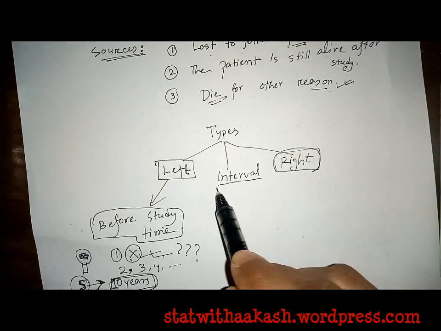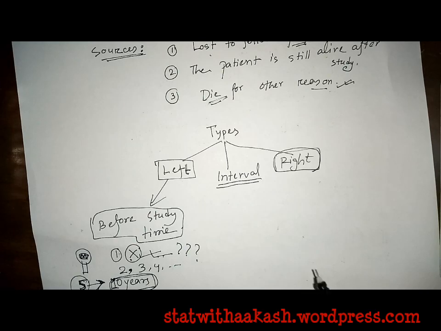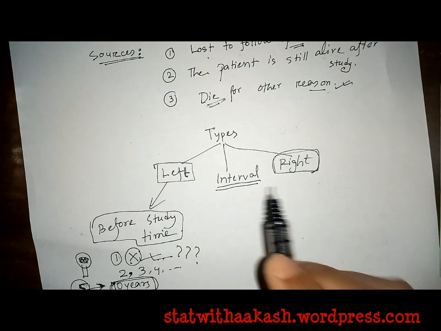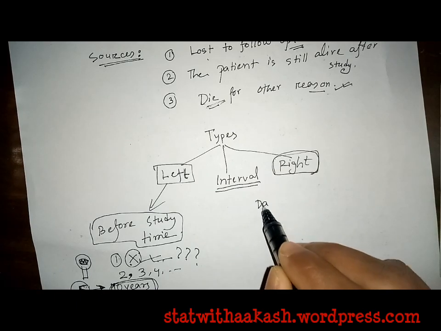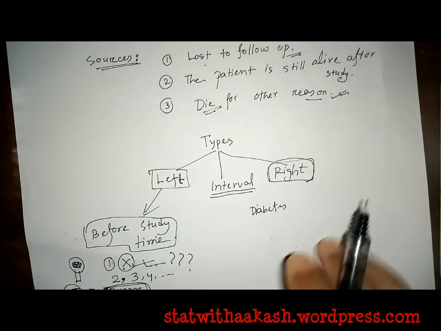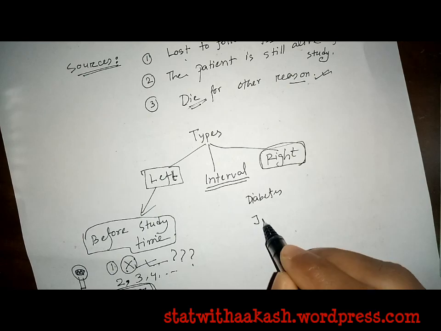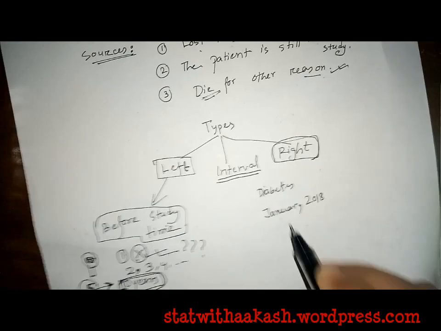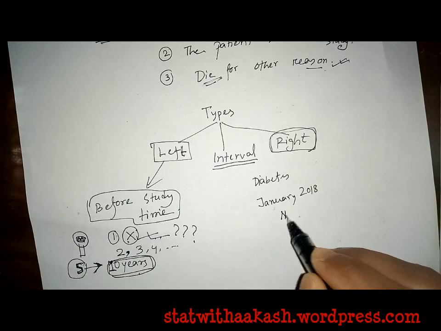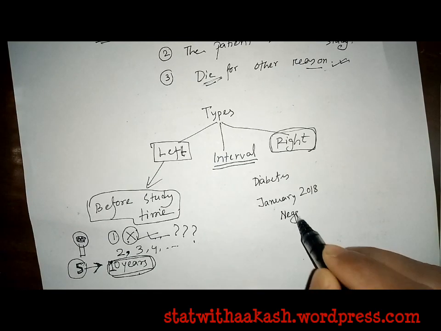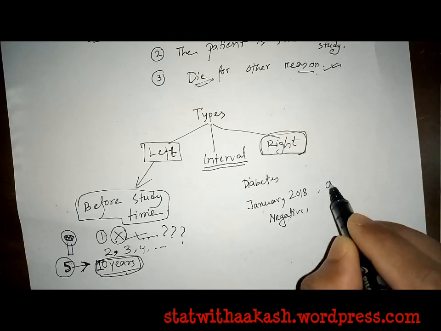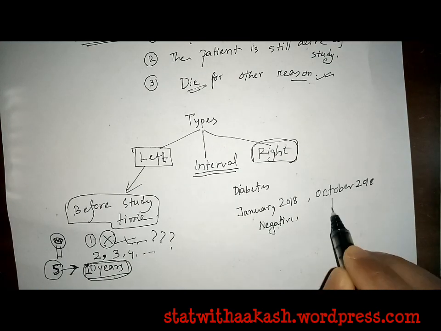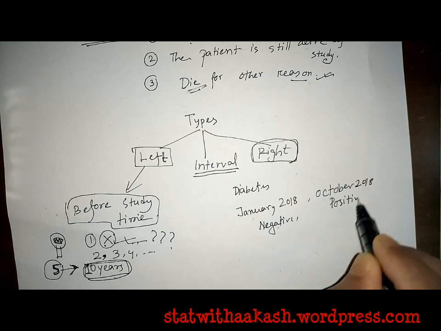And this is the interesting part, called interval censoring. You know the interval in which the event happens, but you don't know the exact time. Consider diabetes. Think that you tested in January 2018 and found that you are a non-diabetic person, but in October 2018 you found that you have diabetes.